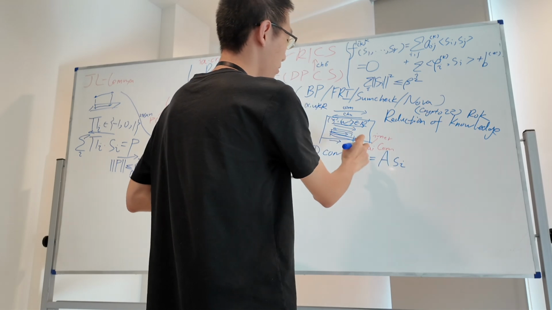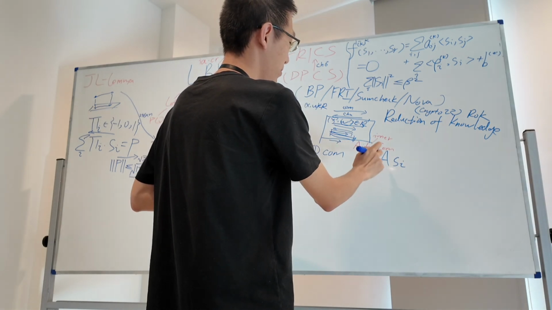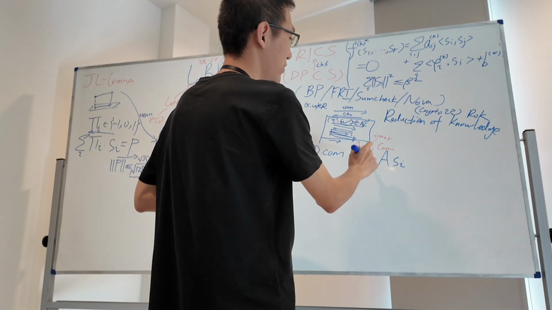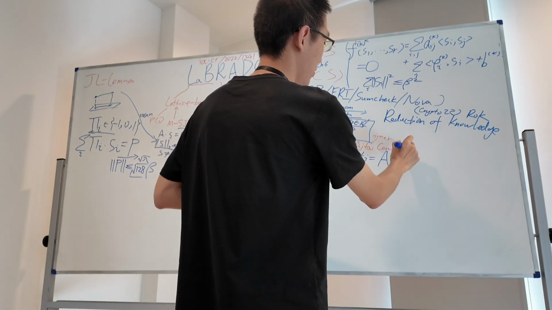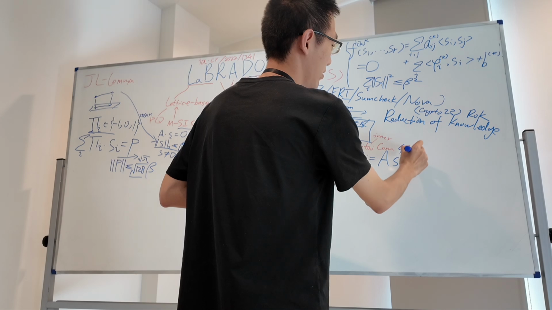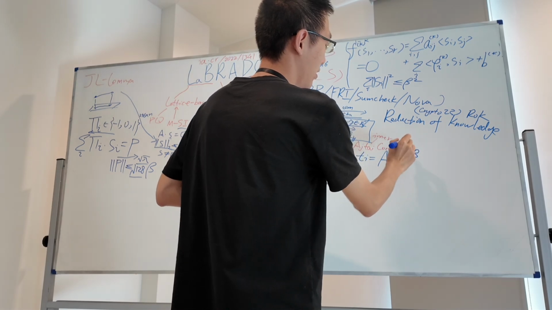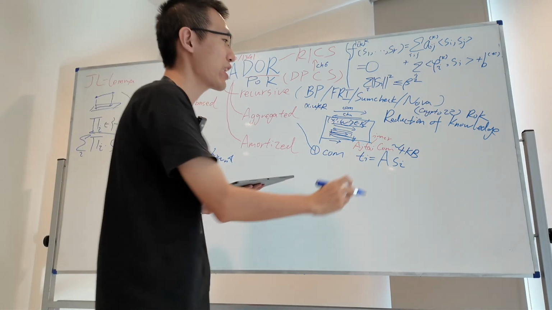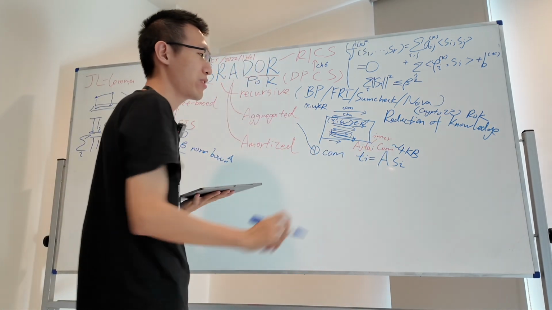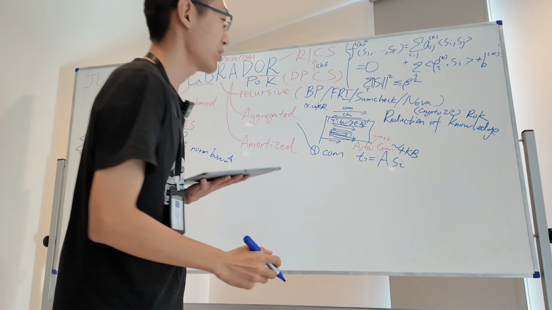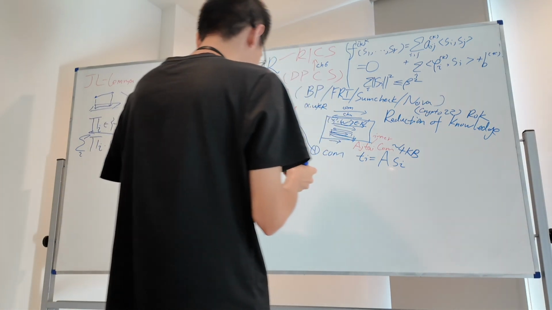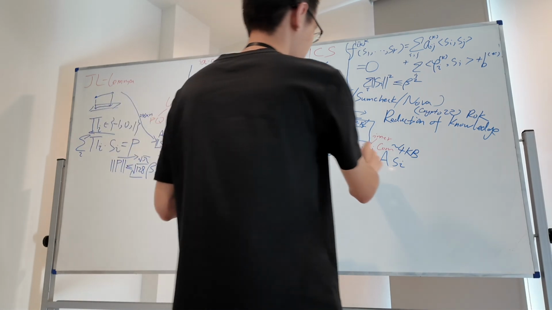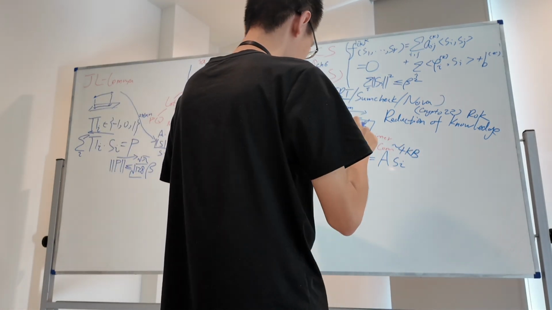Because if we only use the inner commitment, for each of them it will be 4 KB. So it's still very large, right? So we need some outer commitment to aggregate each of the commitments.